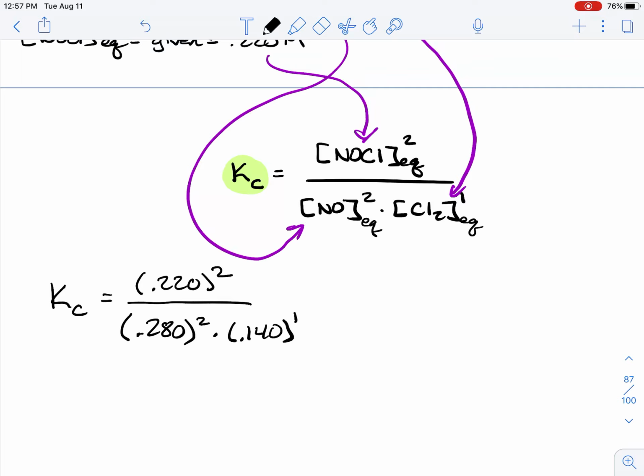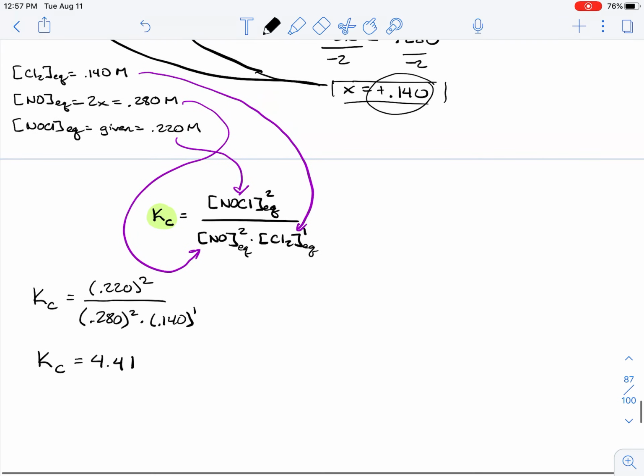Okay. All right, so the answer that I get is going to be 4.41. So my equilibrium constant is going to be 4.41. And that's pretty much it for this problem.